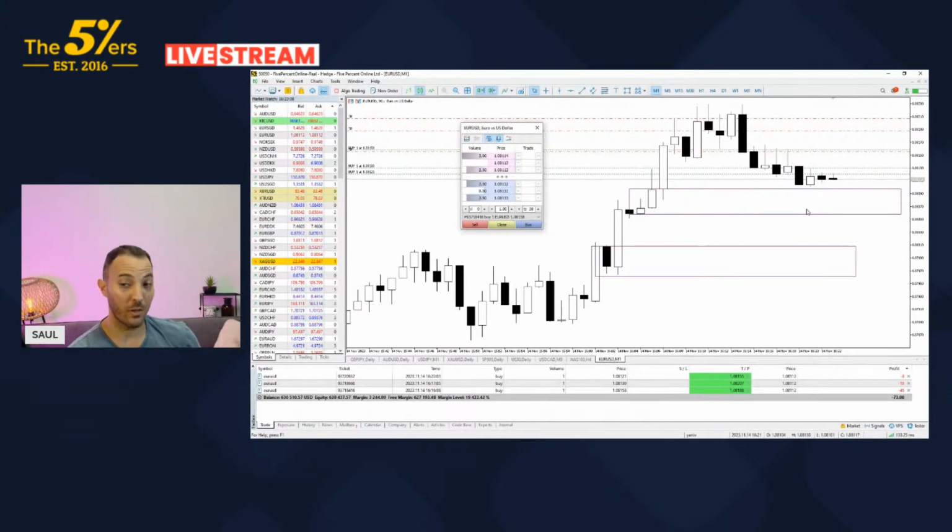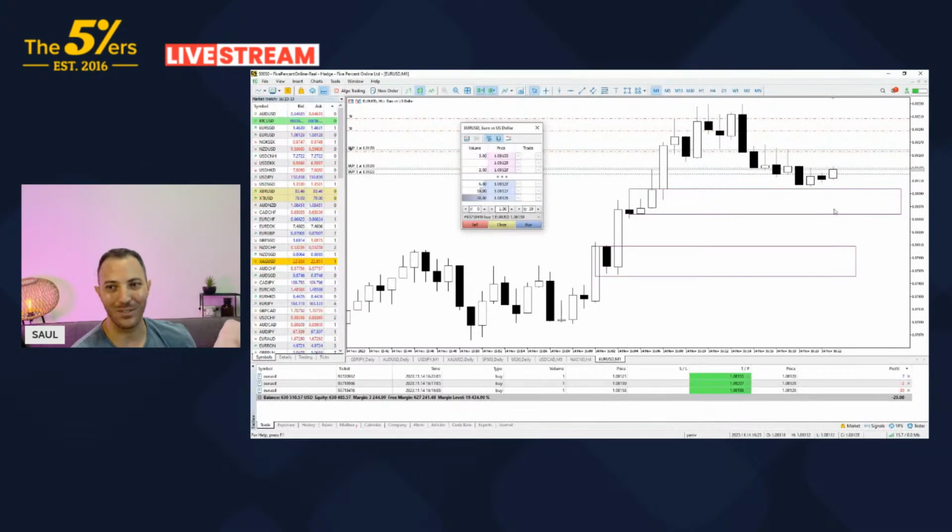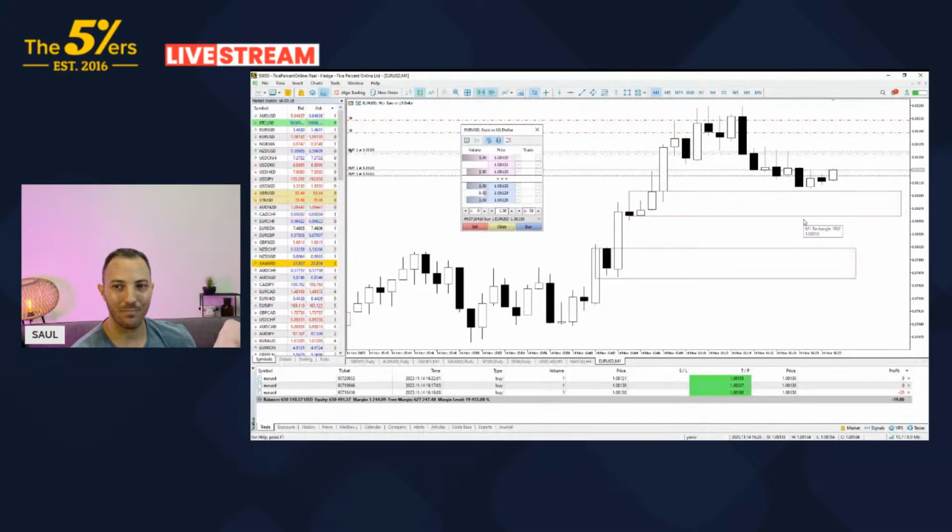If it's going to turn, it should turn soon. Otherwise, we might see a continuation to the downside. So let's see if we can establish that. Okay, come on.